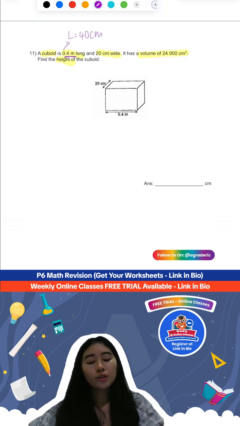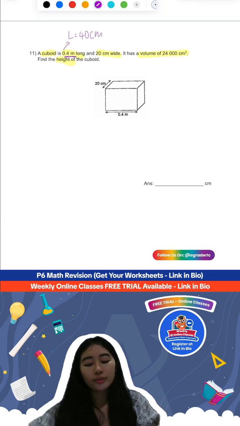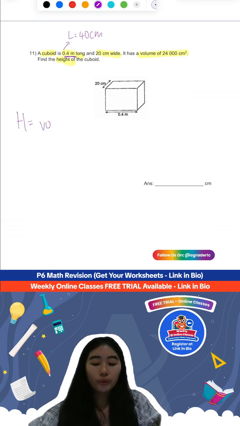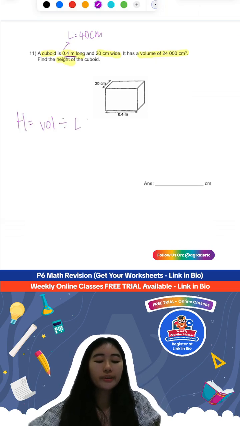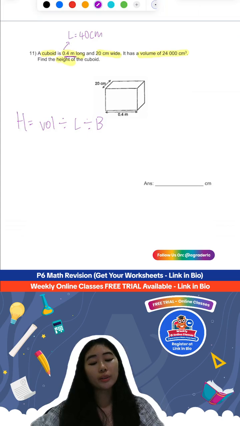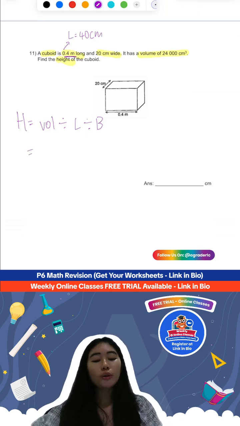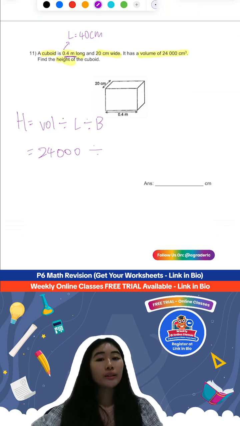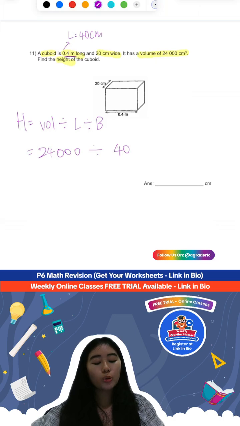So how do you find the height? To find the height, you are going to use volume, divide by length, and also divide by the breadth. So your volume over here is 24,000 and your length is 40 and also divide by the breadth, which is 20. This one is the breadth.